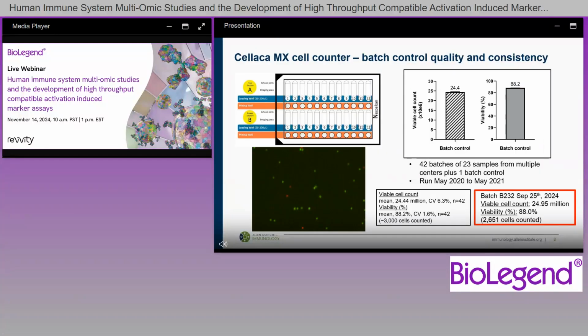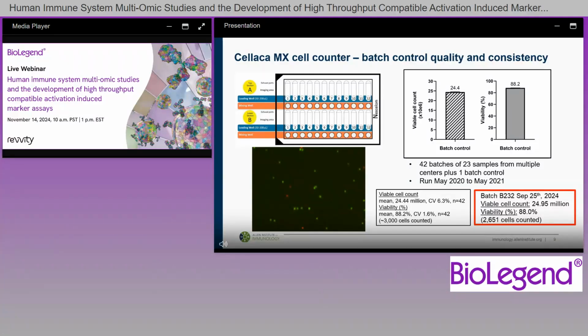So again, to highlight the Celica MX, which has been a really important tool in developing these assays and developing consistent data throughout the longitudinality of this study. What we've done is we took data from 42 batches, and each of those batches contained the batch control.